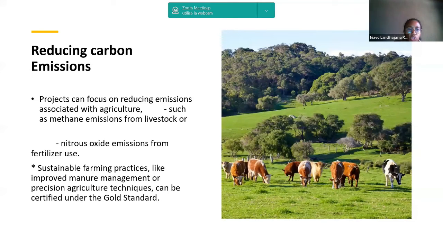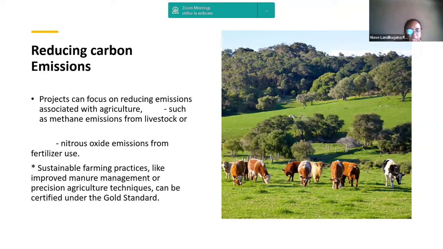Another application is that the Gold Standard helps to reduce carbon emissions. Projects can focus on reducing emissions associated with agriculture, such as methane emissions from livestock or nitrous oxide emissions from fertilizer use.